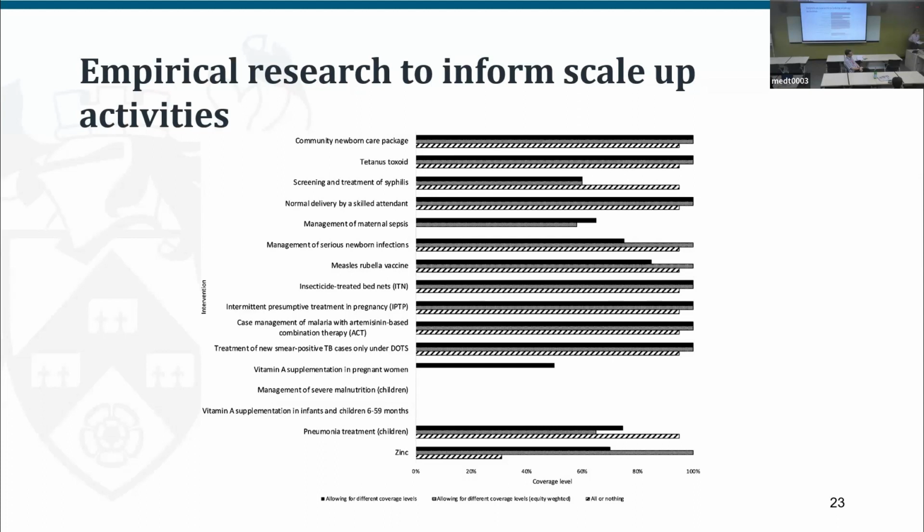And then in the second scenario, we incorporated equity concerns. So for the purposes of illustration, we assumed that the patients who were the most difficult to reach were also the poorest, and we applied a weight of 4 to the benefits in the last decile of coverage, and a weight of 2 to the benefits in the penultimate decile of coverage.